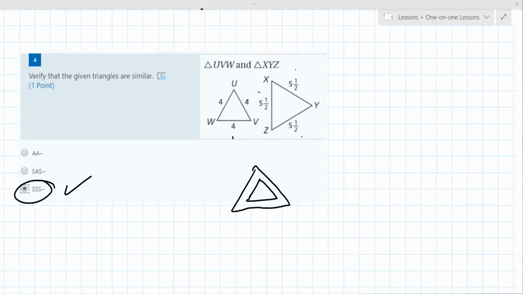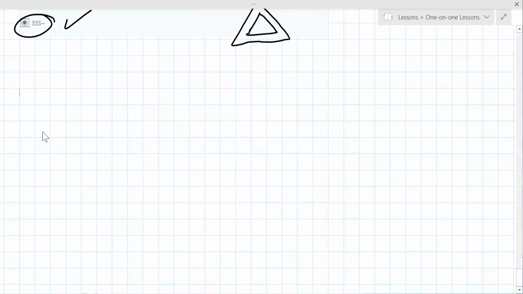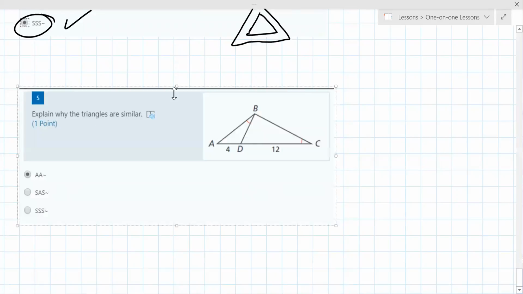All right. So number 5 is kind of like number 3. It requires sort of an odd flipping and then rotating. All right. So B and C go together. So that's why the angle for sure is there. One of the issues though is that you've got 4 and 12, and they have to somehow go together because it's got a side here.